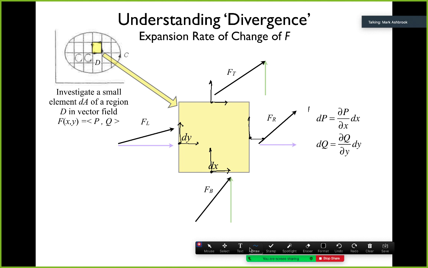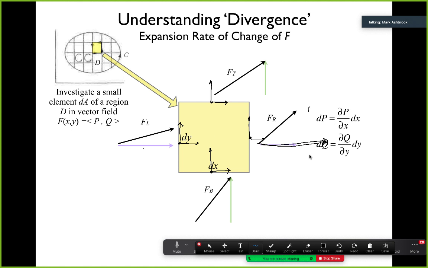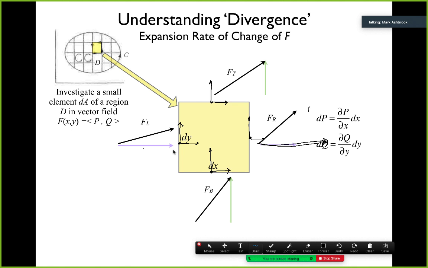Okay, and so if dP is positive, so I need to make this bigger here. If over a dx, your dP is positive, meaning this vector is bigger, then that would be a positive rate of change, and would that indicate expansion or contraction? Expansion. Yeah, expansion, right? So it's like things are opening up, things are getting bigger, things are going faster, as x increases.